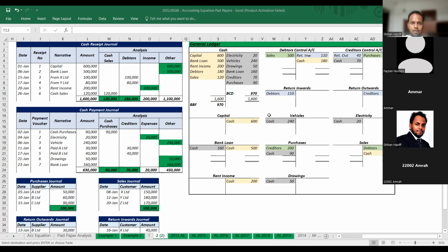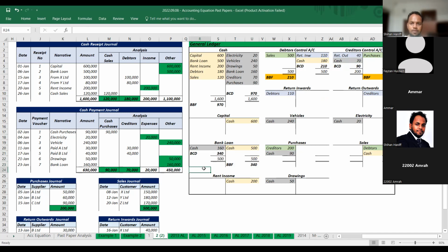Then we'll calculate the debtors account. It's 210. Creditors account is 90. One more we have, bank loan 340.